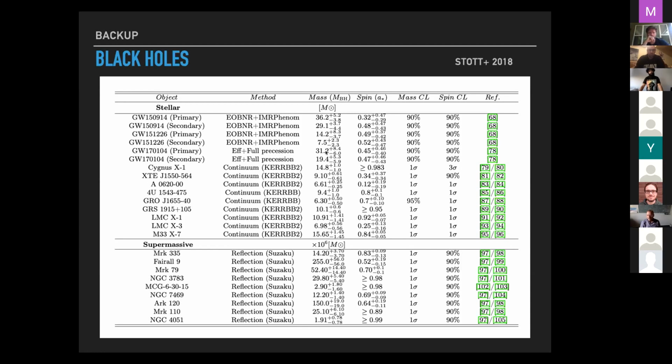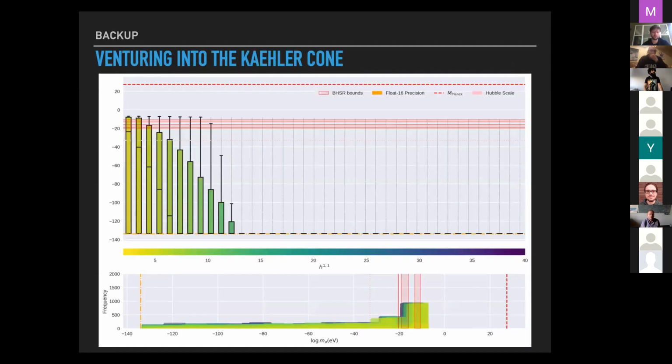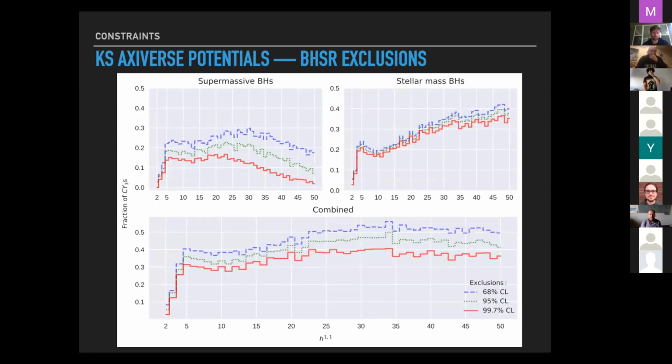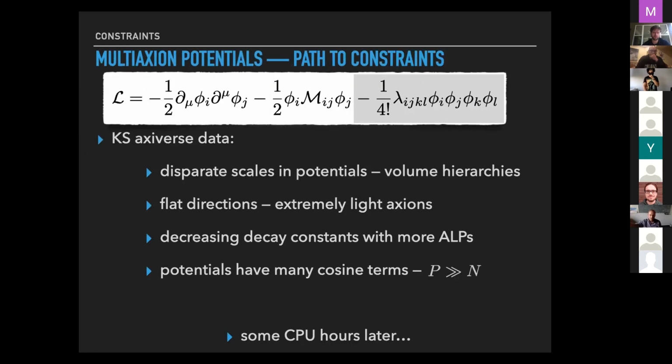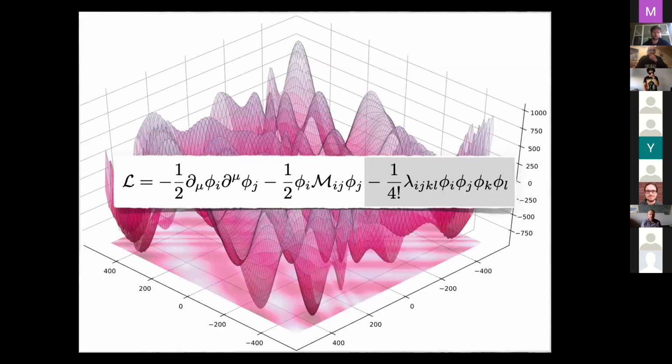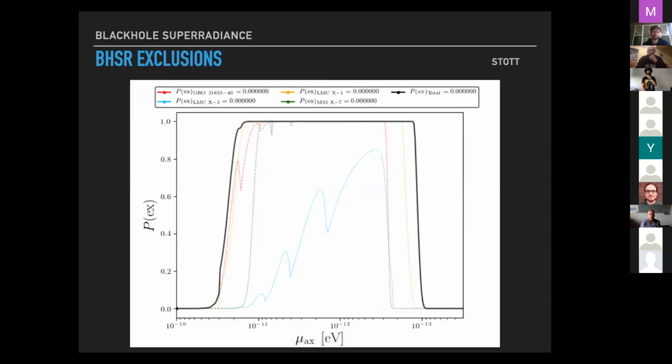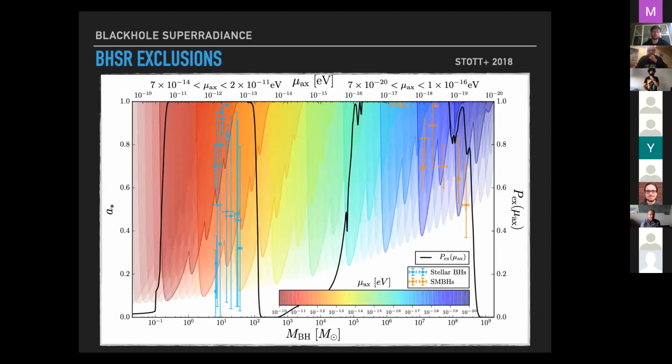Why do you get these distributions that you had there? I somehow missed the link there. I just want to know how data on whether black holes with certain masses and certain spins are observed or not observed puts limits on the distribution of axion decay constants.